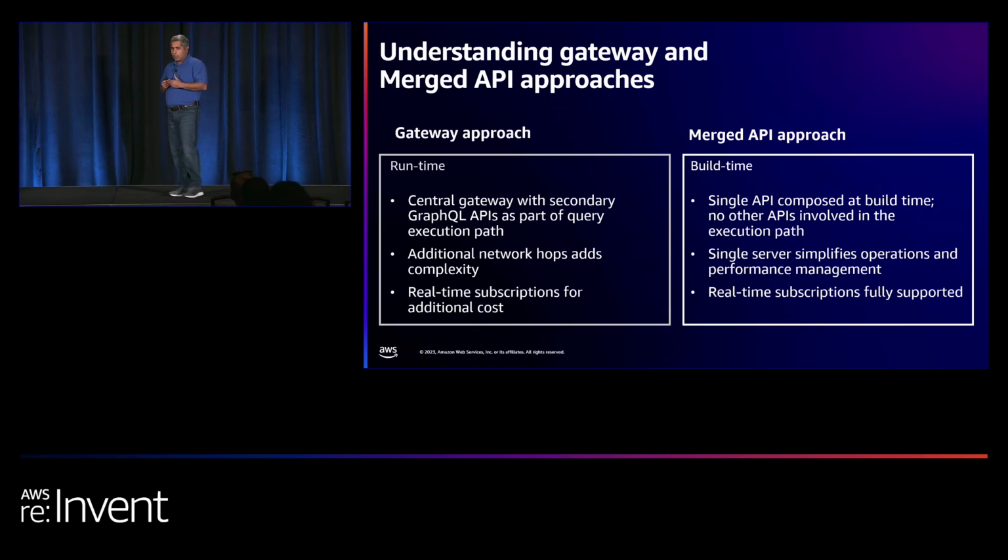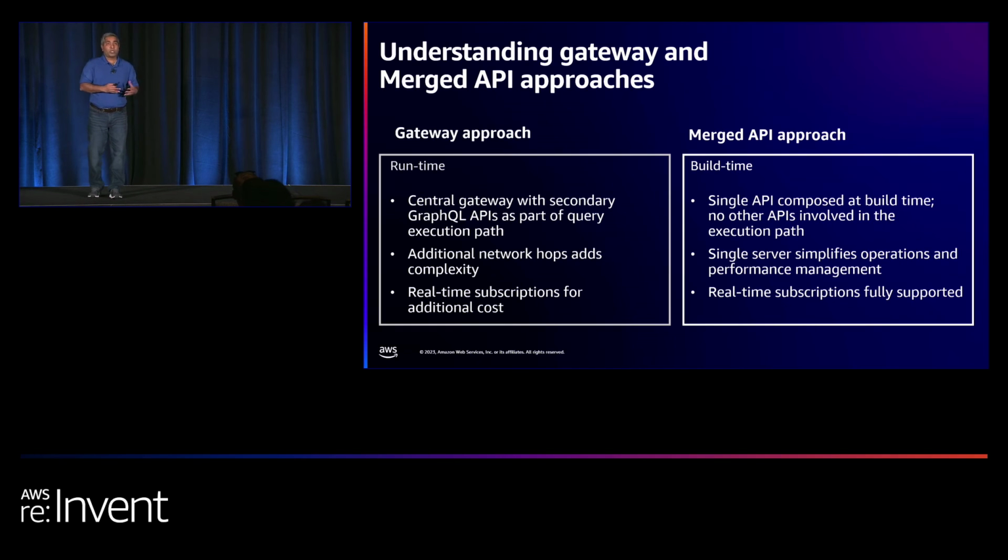Okay, so we talked about reference architecture. Now let's talk about some of the approaches to federation. We talked about the merged API approach, which is a build time approach where everything is constructed at build time. The standalone API created is essentially another AppSync API with all the bells and whistles of AppSync, with subscriptions and everything fully supported out of the box.